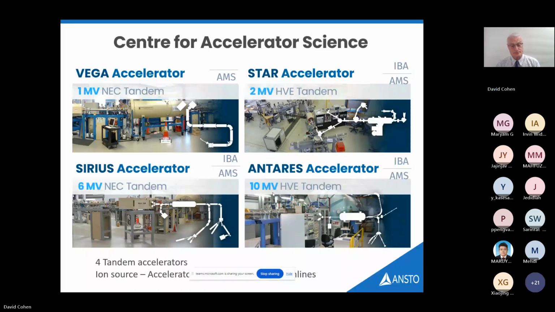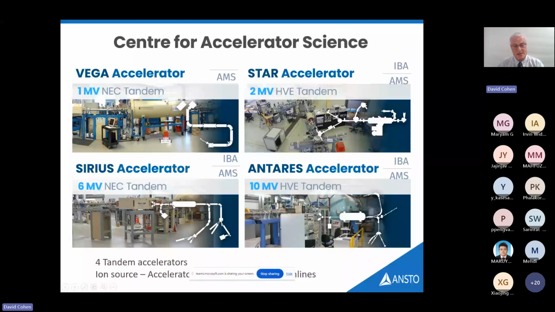And each of these accelerators has a different configuration, and I'll show you here. They basically have the same structure. Let's look at this one down here in the bottom left-hand corner. You have a series of ion sources. You have a tank, which has an accelerator voltage in it. This particular one is a 6 million volt machine.